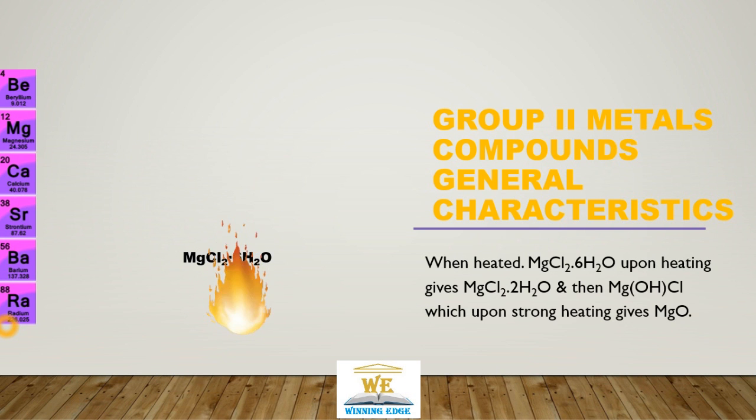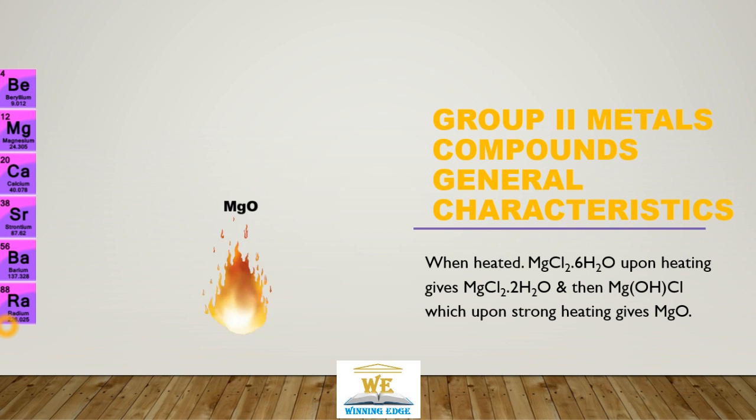But for magnesium chloride, what happens? It is a hexahydrate. You heat it. What happens? First we are getting magnesium dichloride dihydrate. Upon further heating, it gives you magnesium hydroxychloride. On further heating, it gives you MgO, HCl goes out.